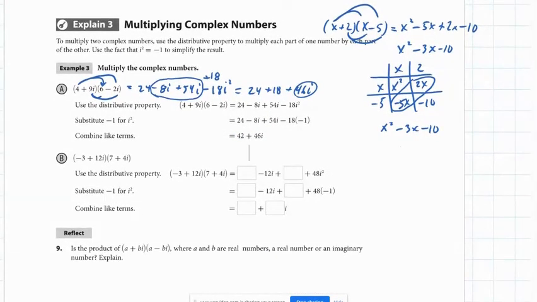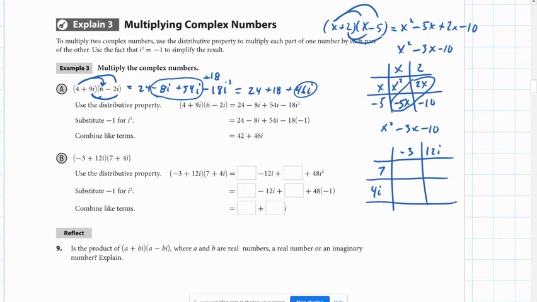Okay, example B, this time I'll use the box method to demonstrate that. So if we have negative 3 plus 12i and 7 plus 4i, when we multiply those, we get negative 21. Then we get 84i, minus 12i, and 48i squared.